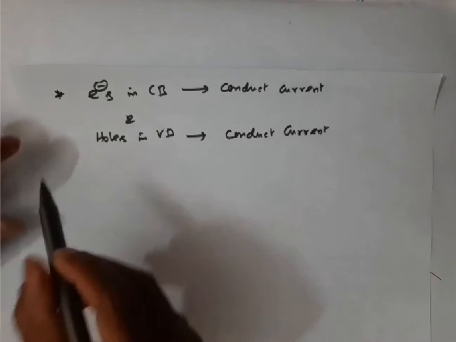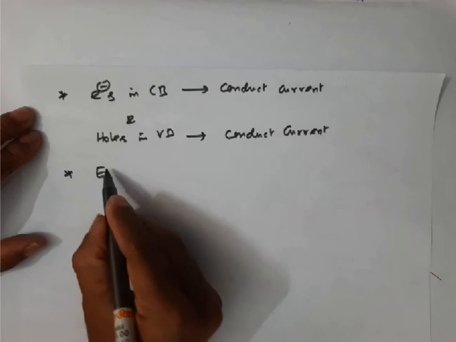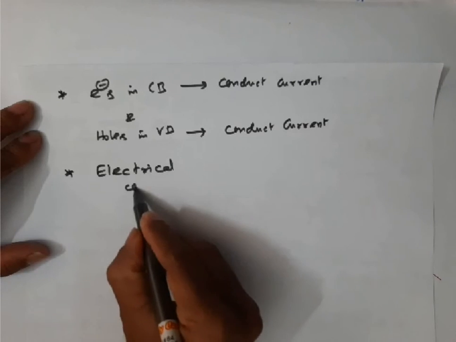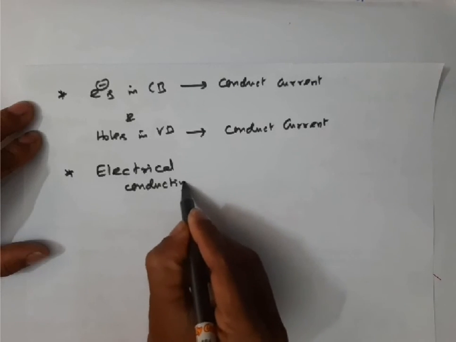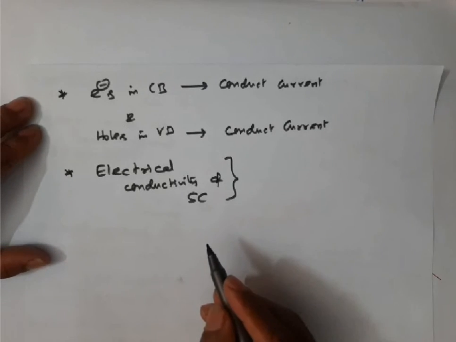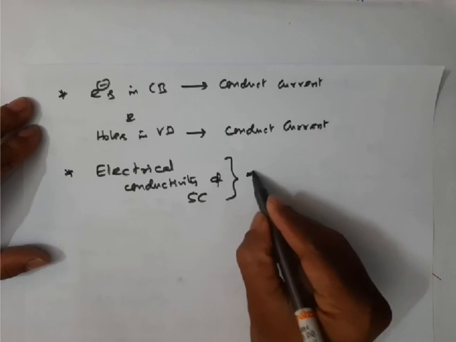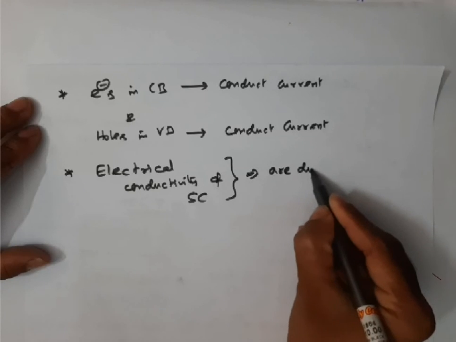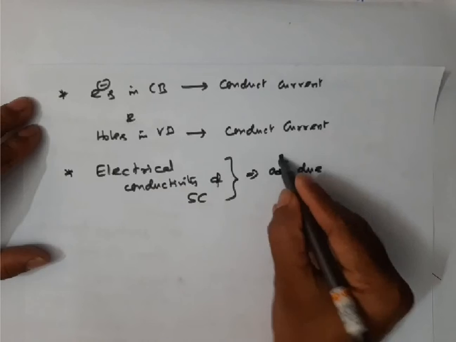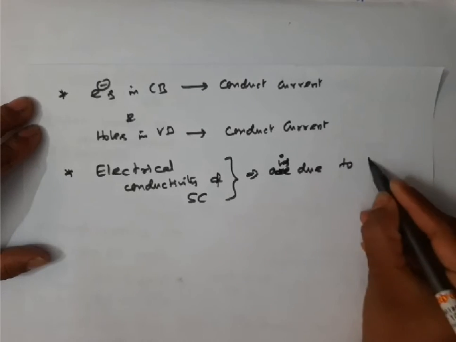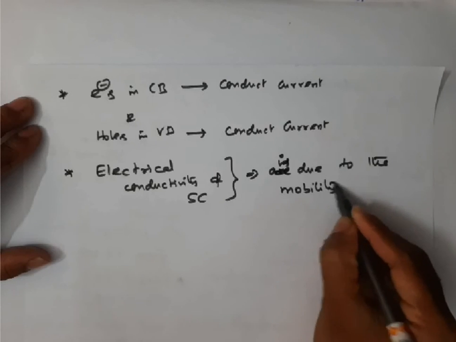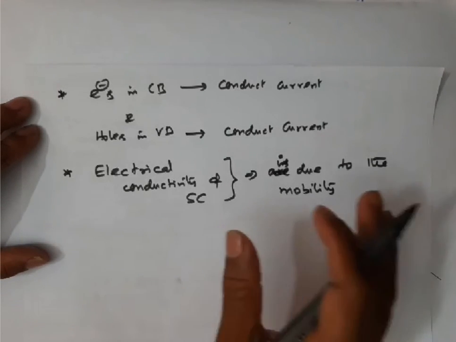Okay, so the material conducts current. The electrical conductivity of semiconductors is due to the mobility. Mobility means, just understand it like this, it is a movement.